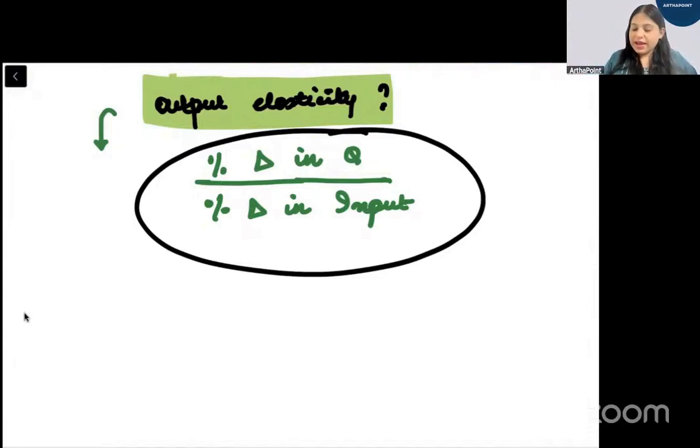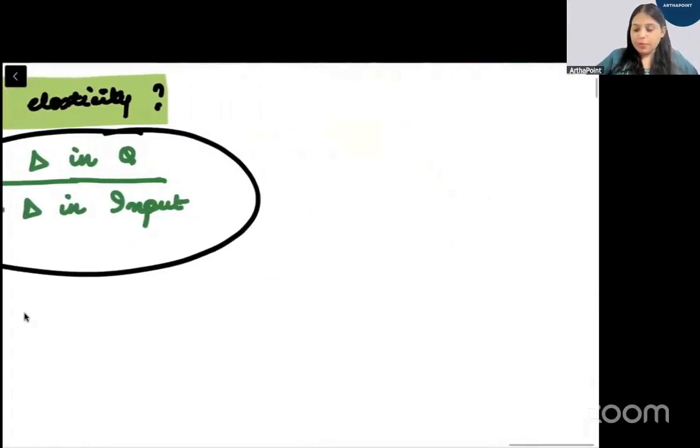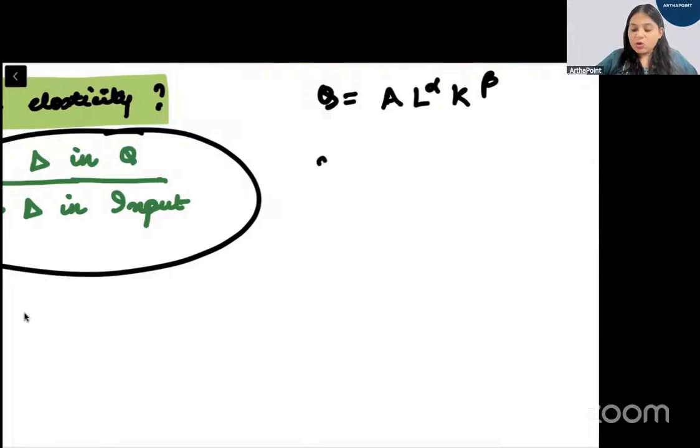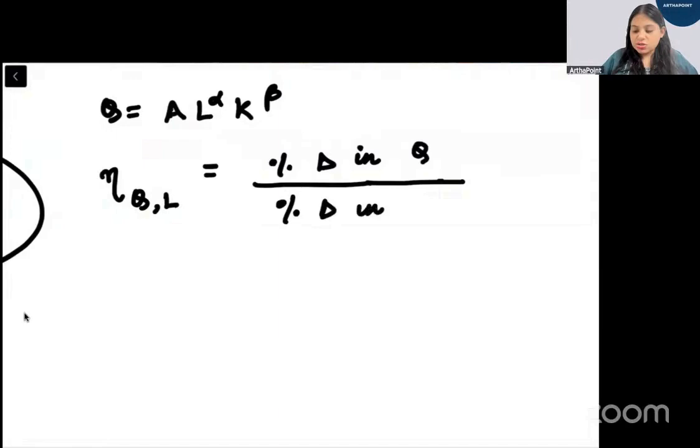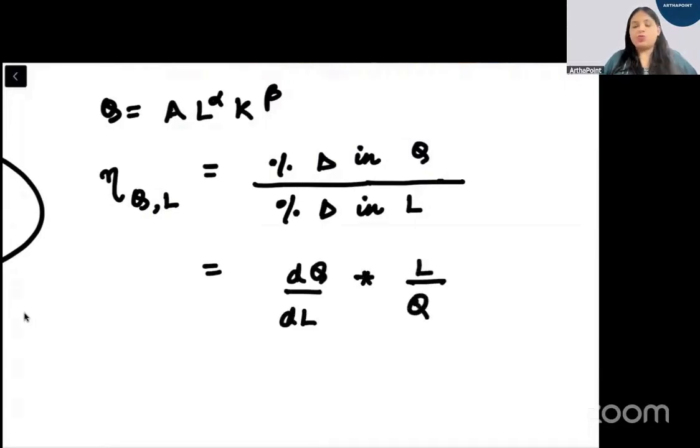Let us go ahead and look at our production function. तो हमारा जो production function given है, that is A, L to the power alpha, K to the power beta, right? If I ask you what is the output elasticity with respect to labor, it will mean the percentage change in output due to the percentage change in labor. माने हम पूछ रहे हैं how output changes as labor changes into initial labor by initial output.